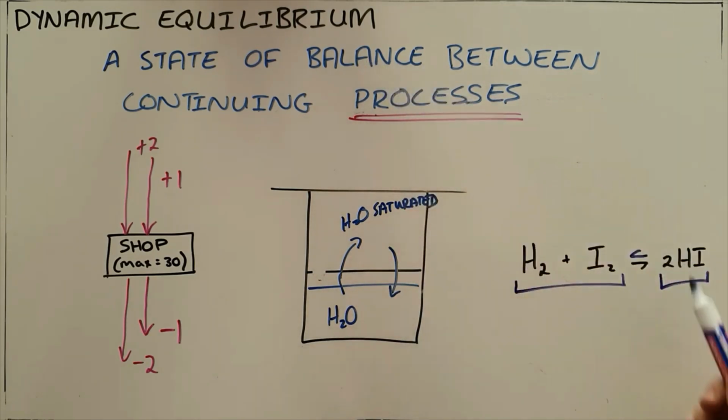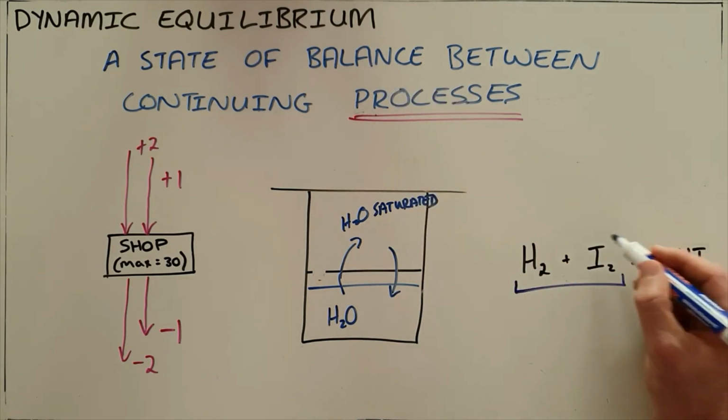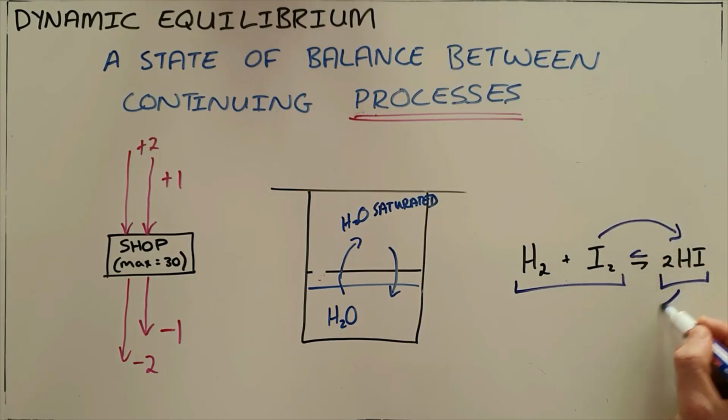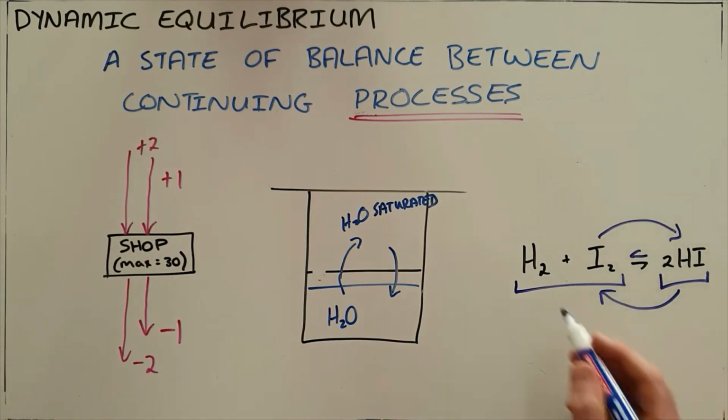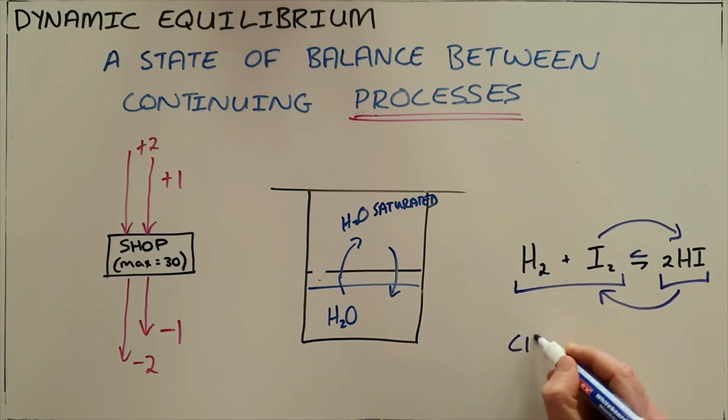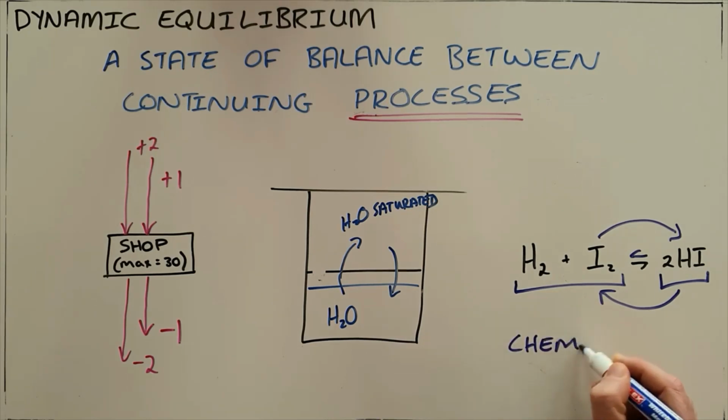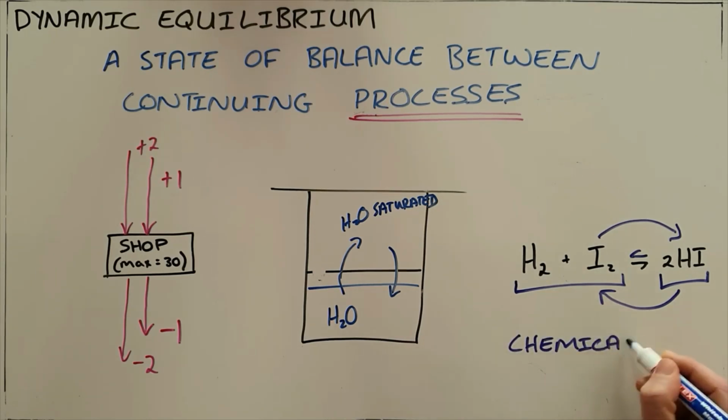So it is that state of balance, although there is constant change between reactants and products. So all of these are examples of dynamic equilibrium systems, but only this one is a chemical equilibrium because chemical equilibrium only applies to chemical reactions that are reversible.